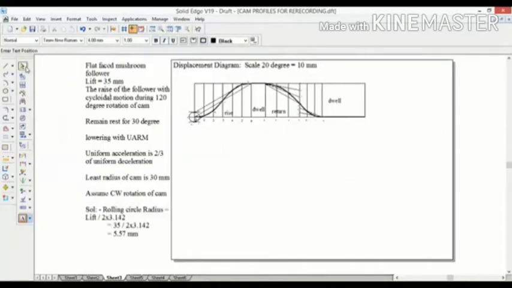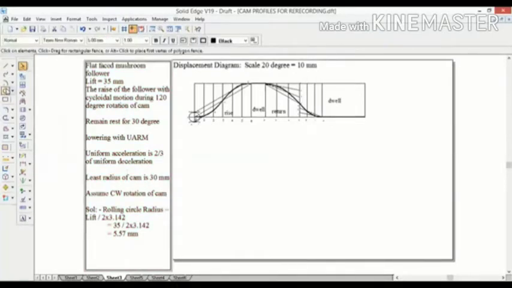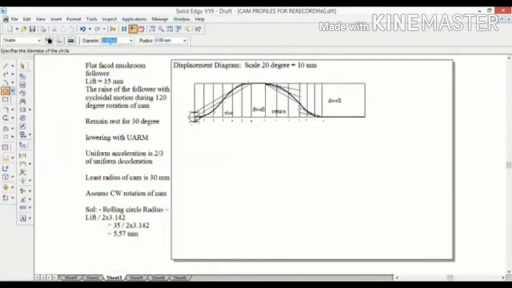The minimum radius of the cam is 30 mm. So draw a circle, radius is 30, so diameter is 60 mm. Place it and draw a vertical line from the center to the circumference.